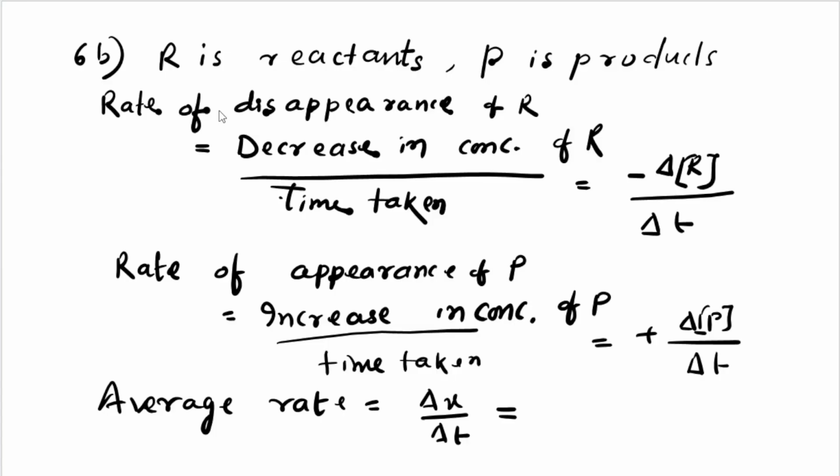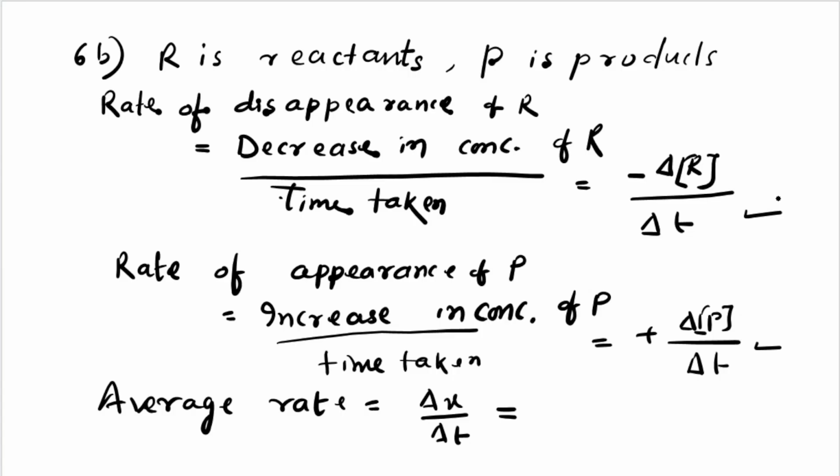Since the product is produced, it has a plus sign, and since R is decreased, it has a negative sign. So the second equation, when the words appearance of P or increase in concentration of P are used, is plus del P concentration by del t. This is del R by del t.